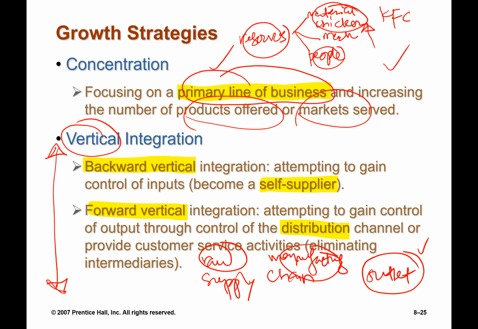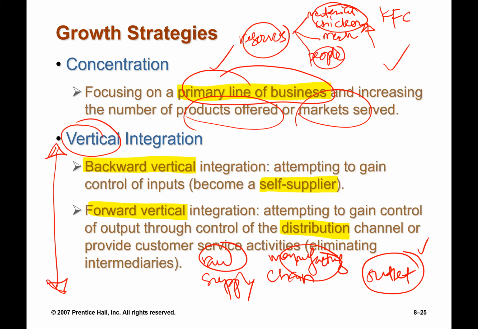You can control those things. Similarly, in orange juice, some of the Tropicana orange juice manufacturers, they do own the farm. Once you own the raw material, at the end of the day, you can control the pricing.